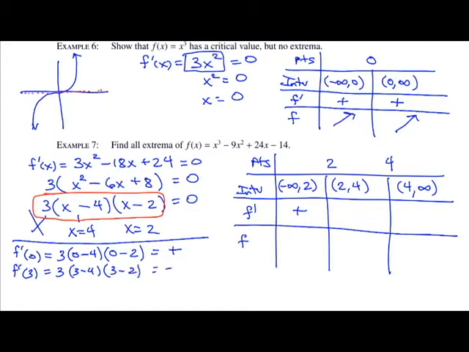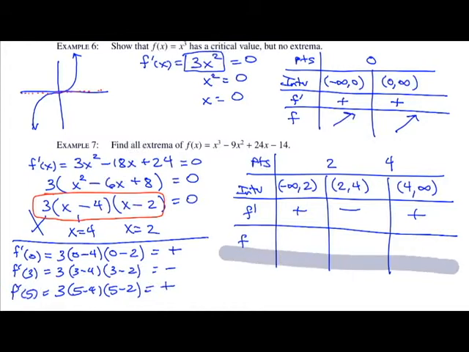Working that out, that is negative. And then I will pick 5 for the last interval. And that result is positive. So that tells me that we are increasing, decreasing, increasing.